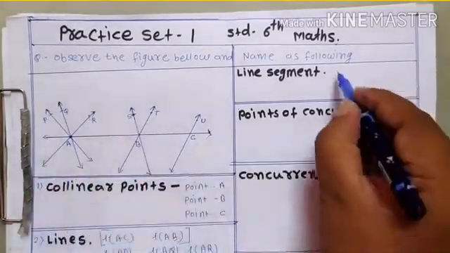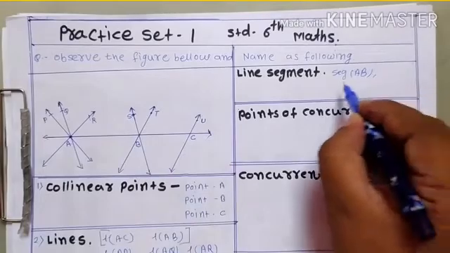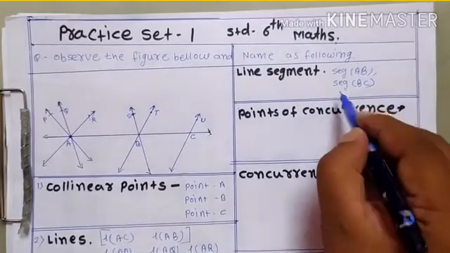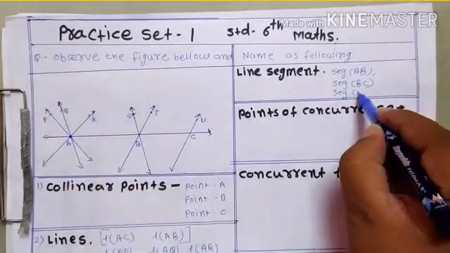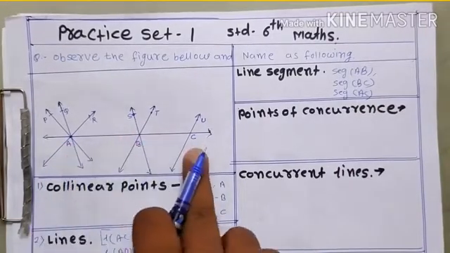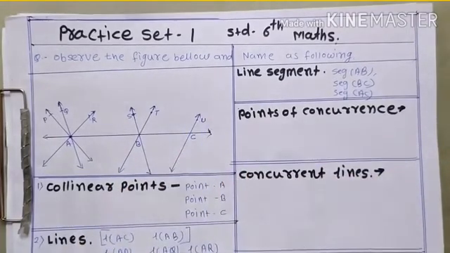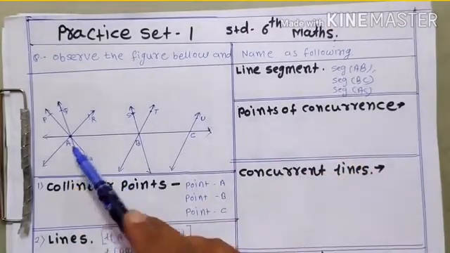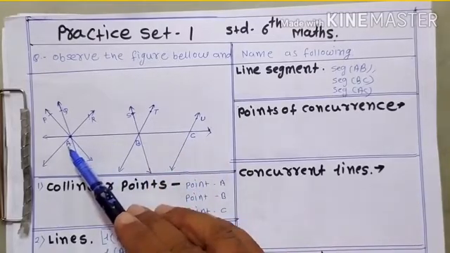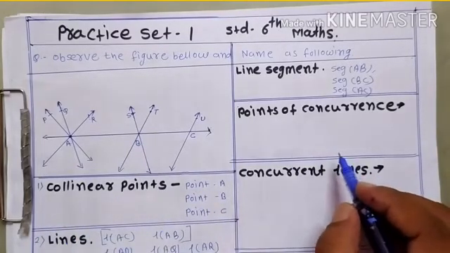So on line AC, the segment between A and B is called segment AB, the part between B and C is called segment BC, and the part between A and C is also segment AC. There are segment AB, segment BC, and segment AC. The part between 2 points, having 2 end points, is called a segment.